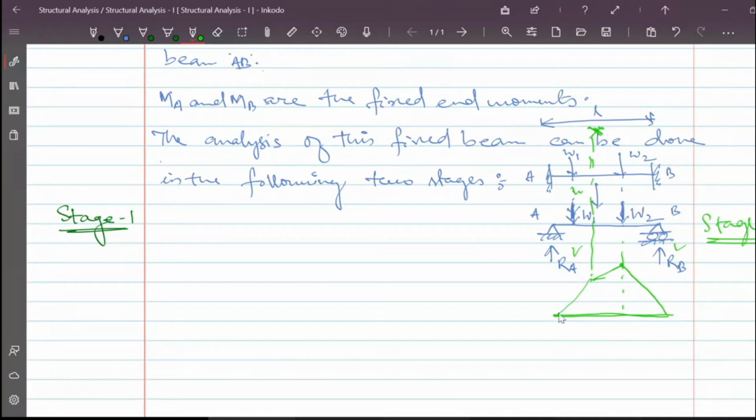Okay, right? So the bending moment diagram for this one will be somewhat here, and let us say the section X is going like this. So this one we are considering as MX. MX is the moment of the free bending moment diagram.